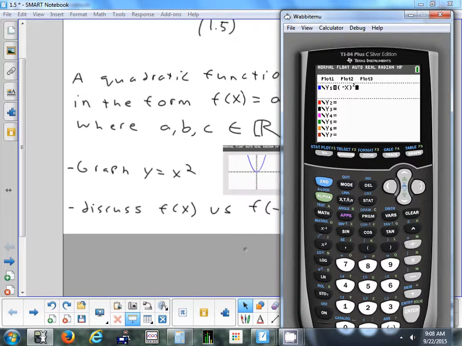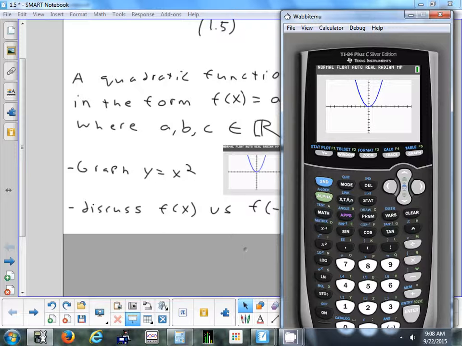What happens when you square something that has a negative? It becomes positive. Compare your two graphs. They're identical. They look the same. And the reason they look the same here is because this graph is centered right on the y-axis.